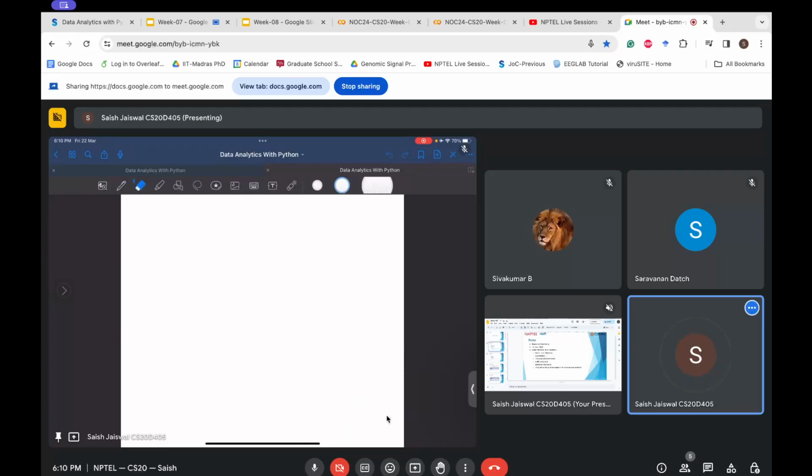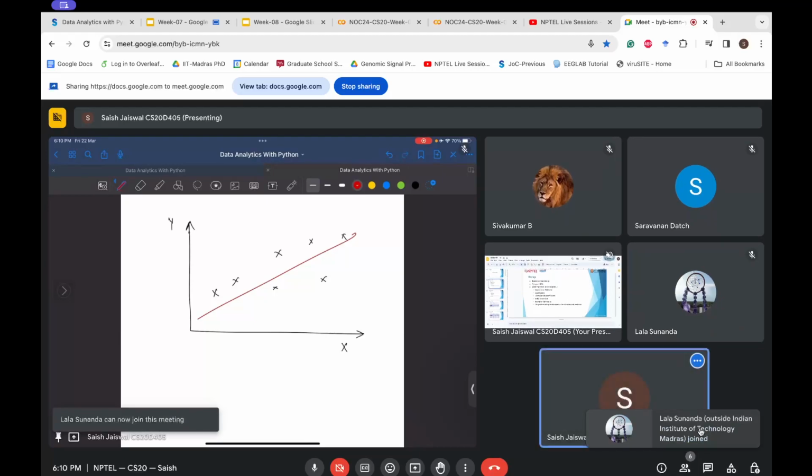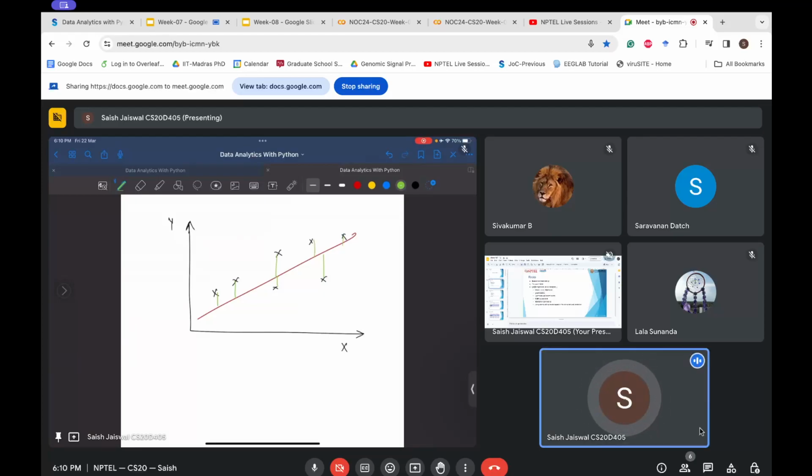So in linear regression we had been given an independent variable and a dependent variable, and the task was, given the data points, we had to fit a line that minimizes a certain objective, and this objective was the least square function that we were trying to minimize.